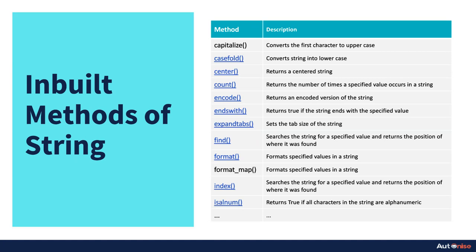Like the hello world string which we had earlier, where all the characters were lowercase, if we use capitalize there instead of format, it would have converted our hello world string into a full uppercase hello world string.